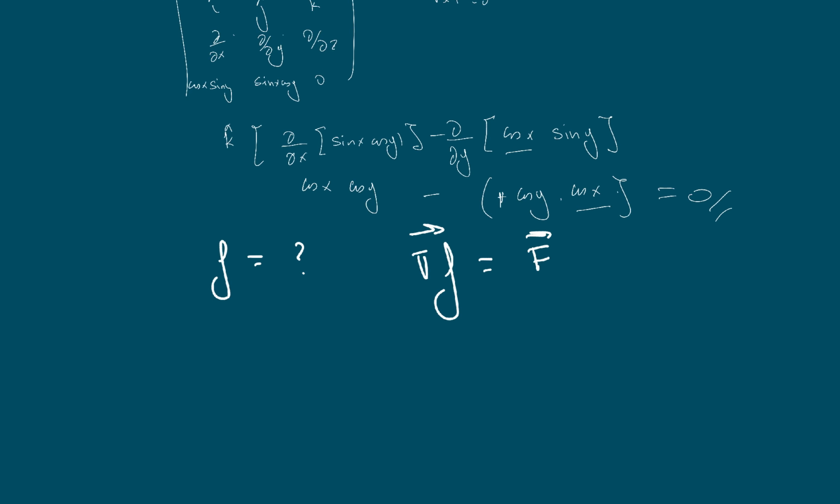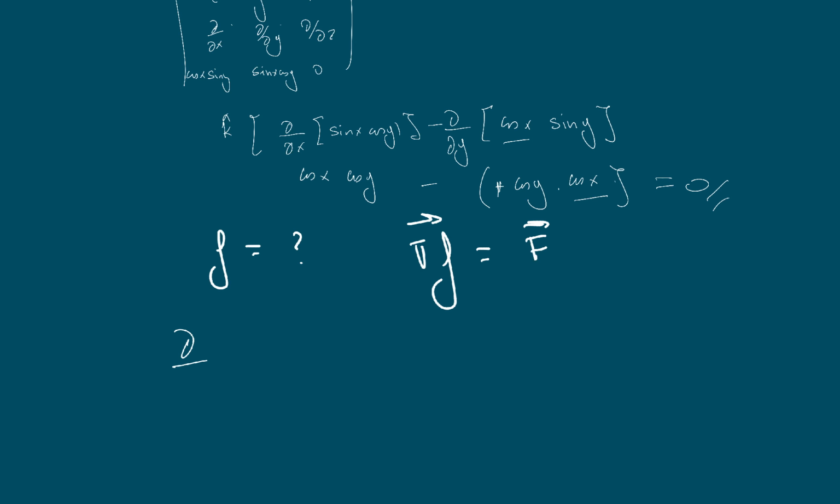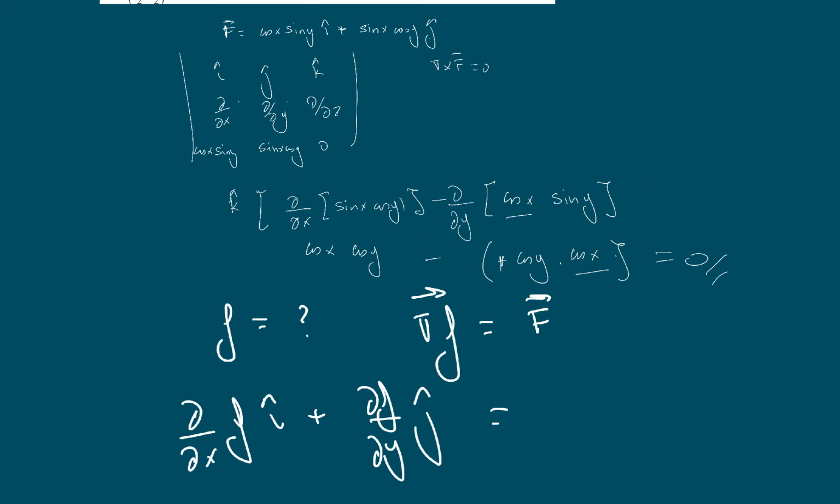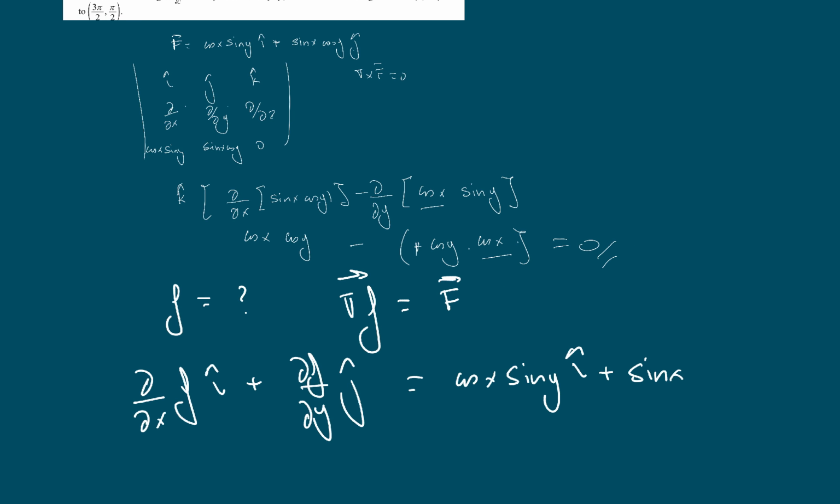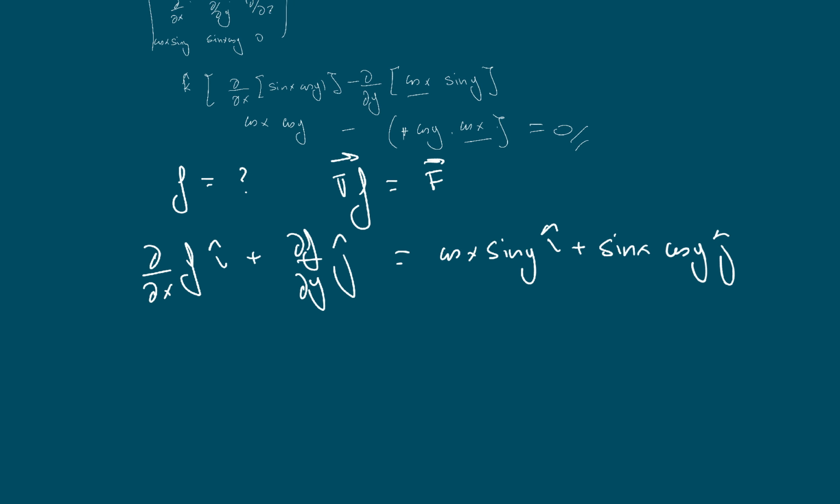Who is the function whose derivative with respect to x of f times i plus the derivative of f with respect to y times j is F? And F is cosine of x sine of y i plus sine of x cosine of y j.